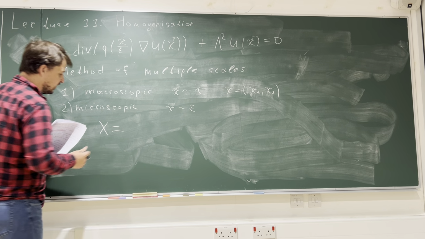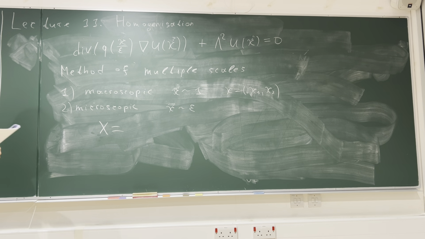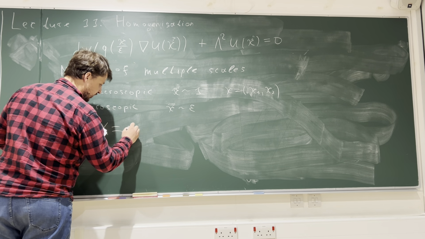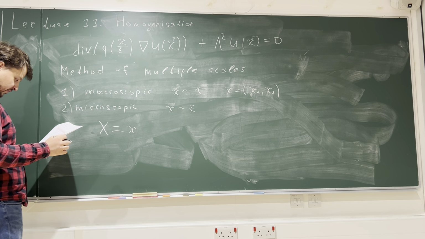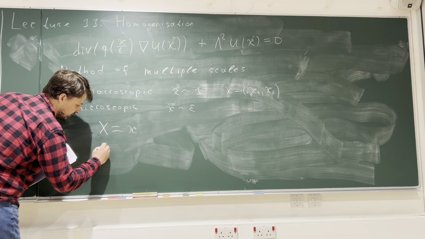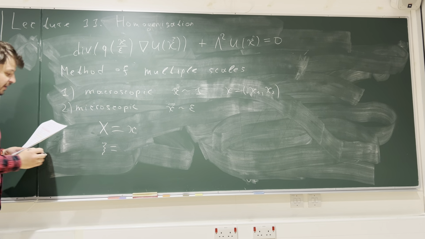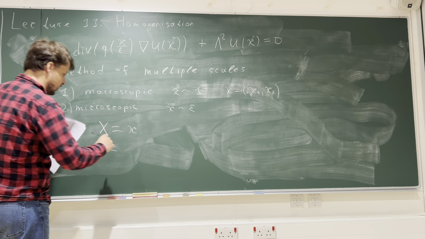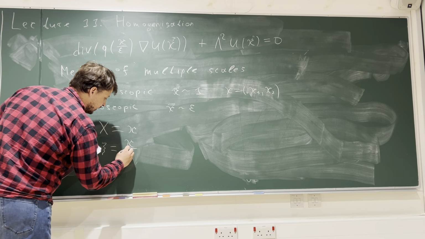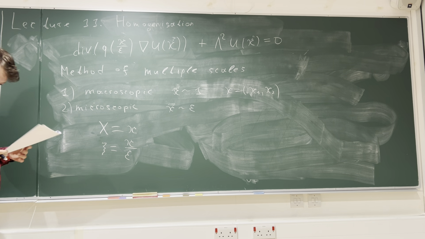One of these is x prime, which is equal to x, the first scale. And the second one is psi, which is equal to x over epsilon.